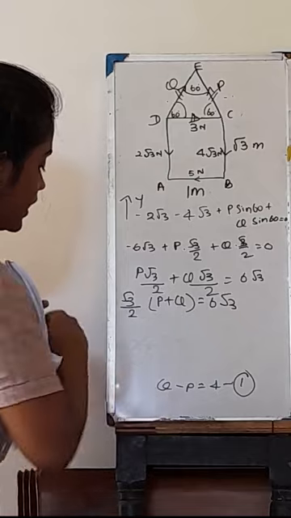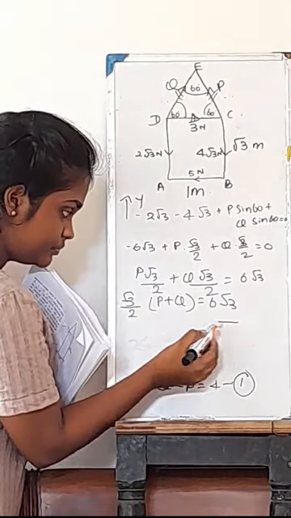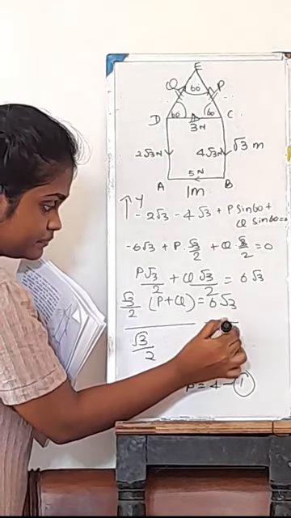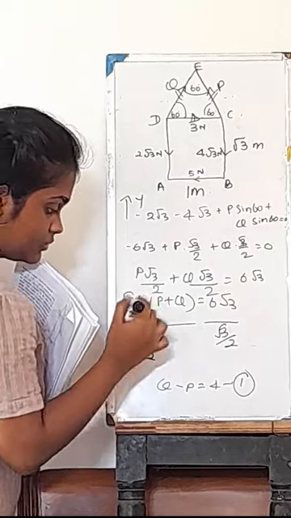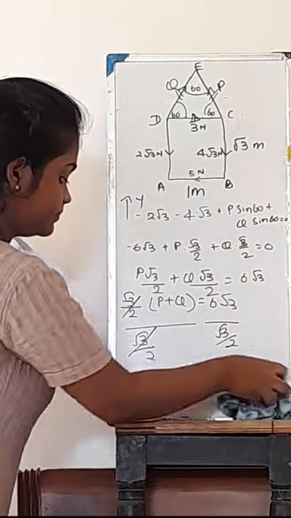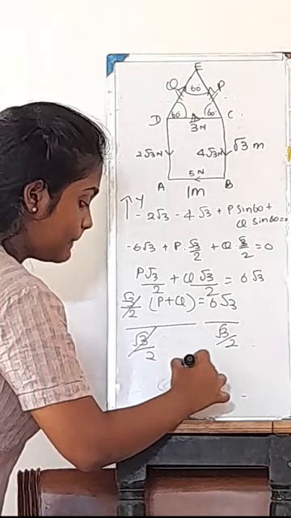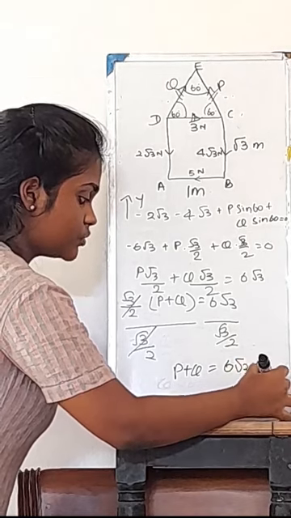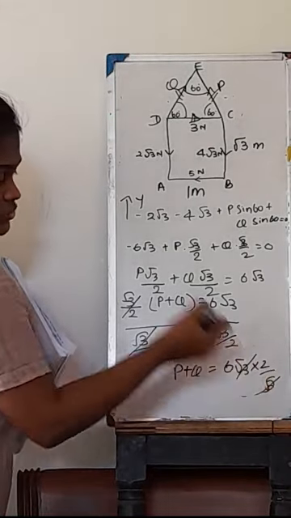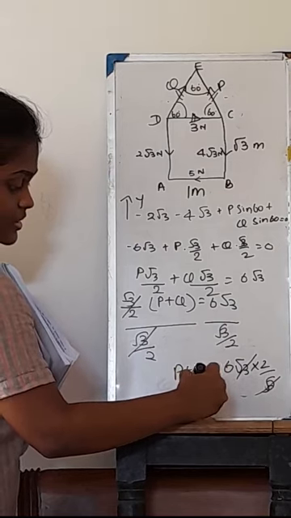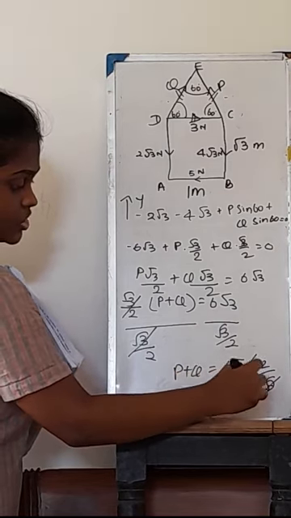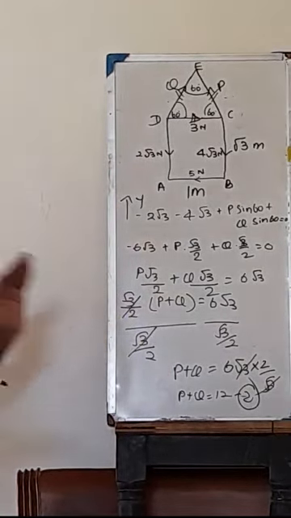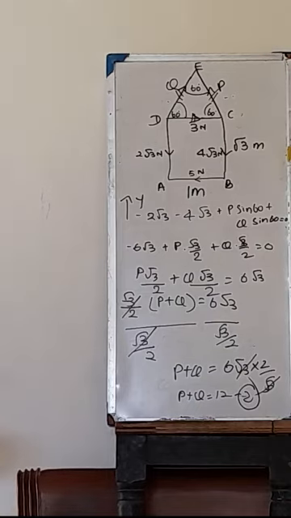Then I can remove this root 3 over 2. Then I get P plus Q equals 6 root 3 times 2 over root 3. So when you cancel root 3 with root 3, you get P plus Q equals 12, equation number 2. Next, we have to just solve those two equations. Then we can find the values for P and Q.